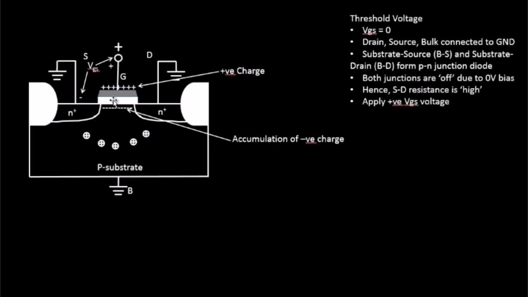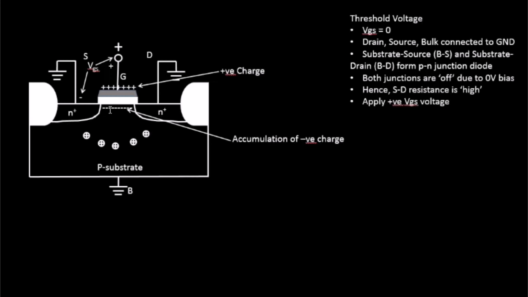Similarly, in this area, this is a p-type substrate, so its majority carriers should be holes, but this area is now getting depleted of its majority carriers, which are holes. So in that case, what will happen? There will be a formation of a depletion region over here. Just consider this as the behavior of a diode.